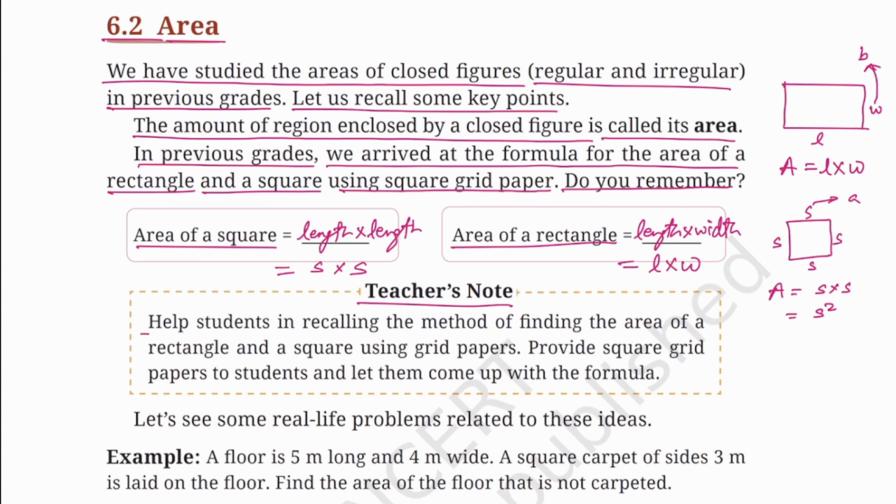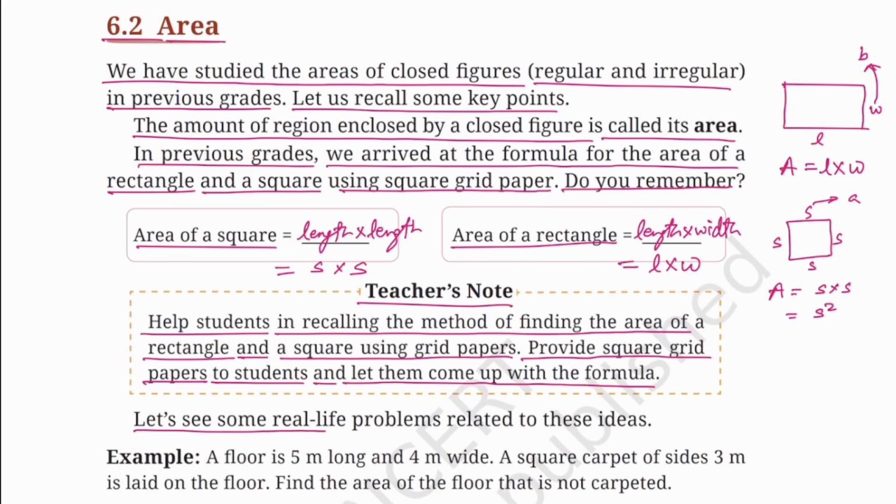Teacher's note: help students in recalling the method of finding the area of a rectangle and a square using grid papers. Provide square grid papers to students and let them come up with the formula. Let us see some real life problems related to these ideas.